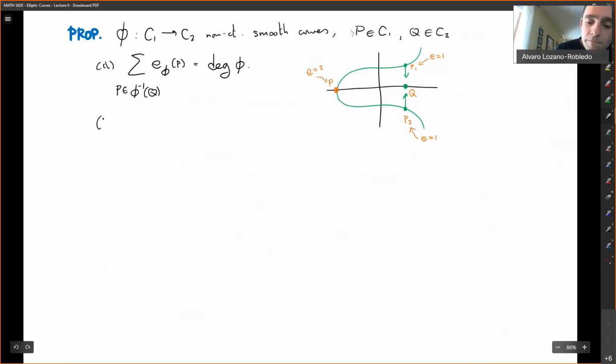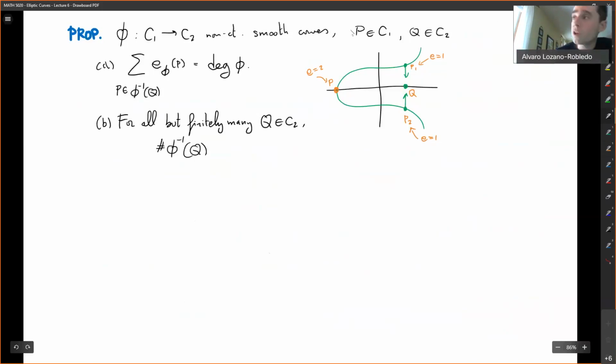B, for all but finitely many points in C2, the number of points in the preimage of Q is the degree of phi.